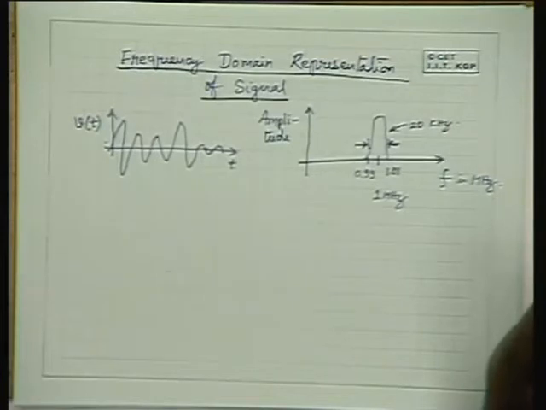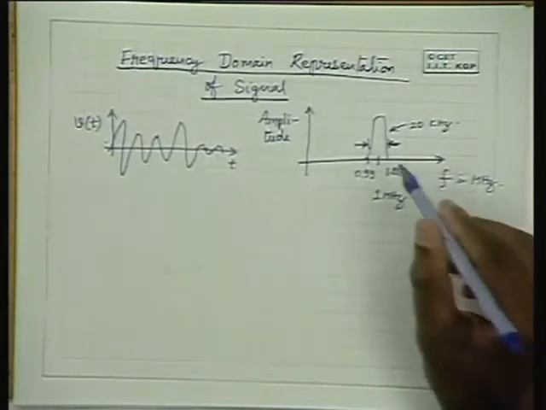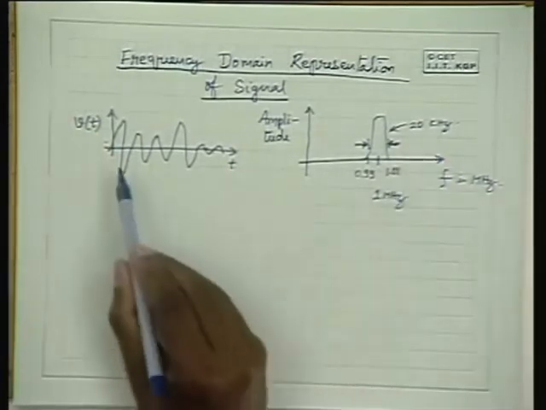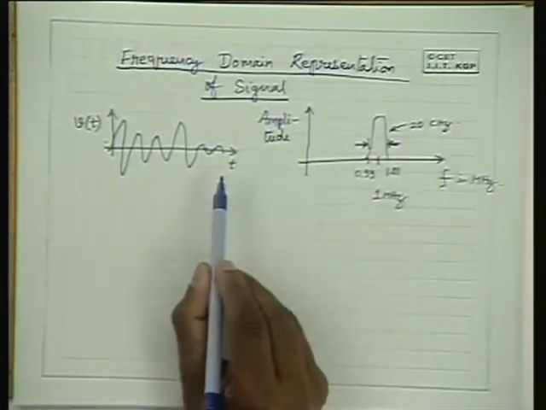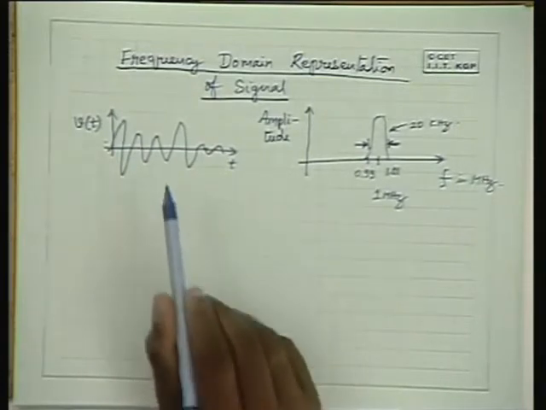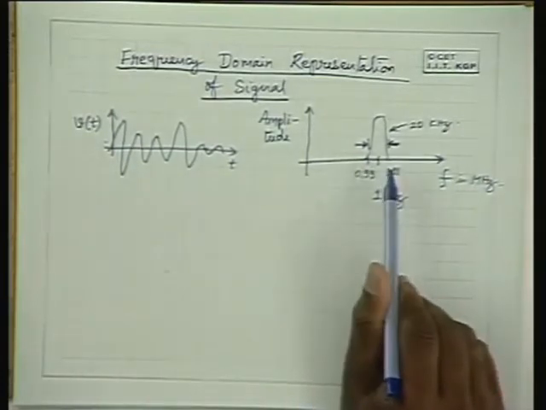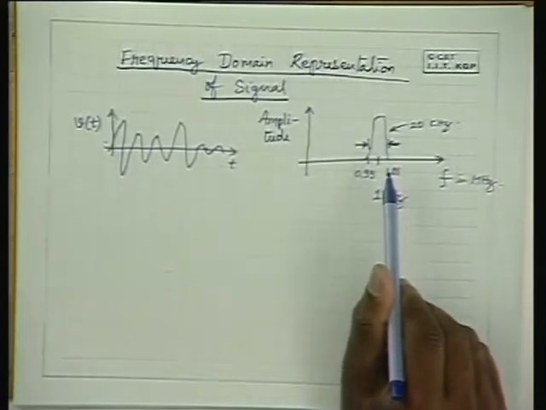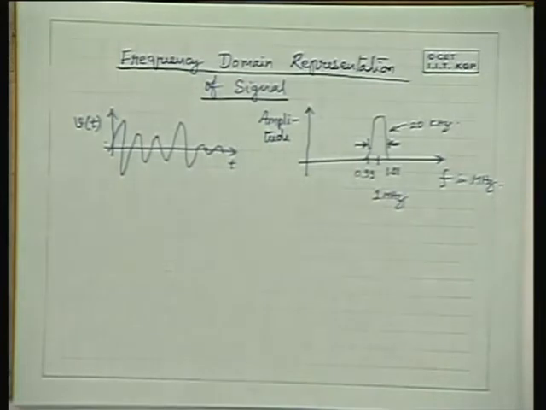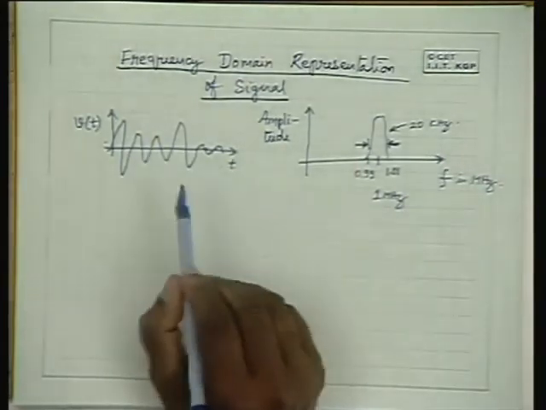Okay, so this description is more interesting and more informative than the time function itself. So very often the frequency domain representation gives you more information than the time domain description of the signal, particularly if it is a random signal.